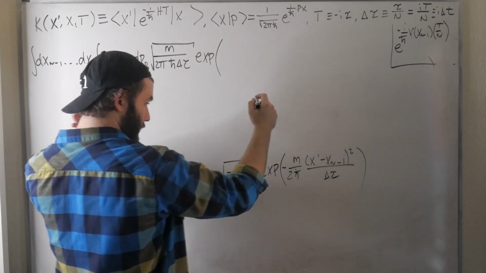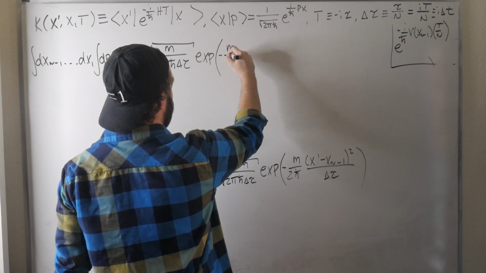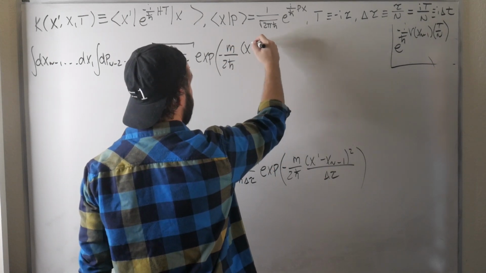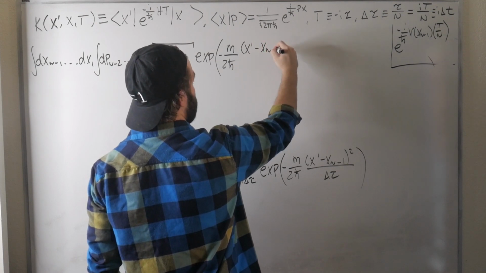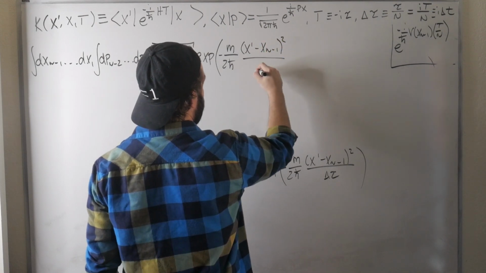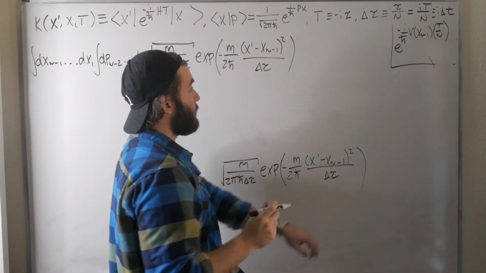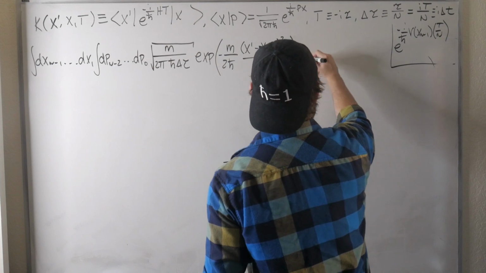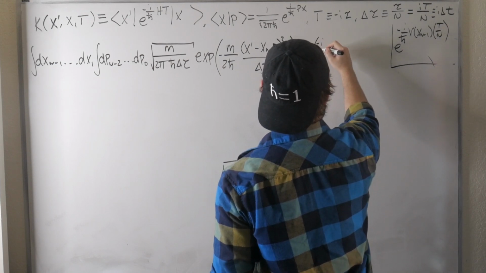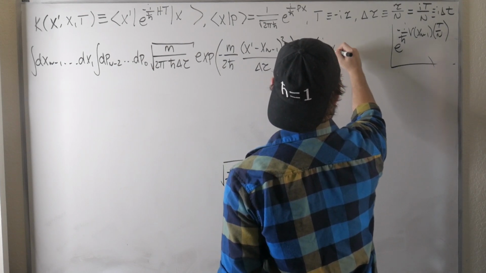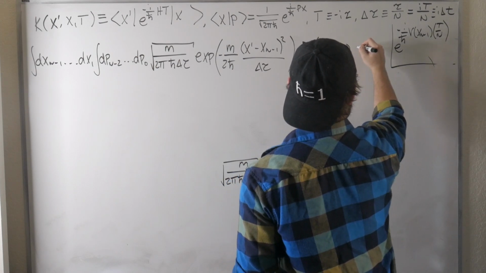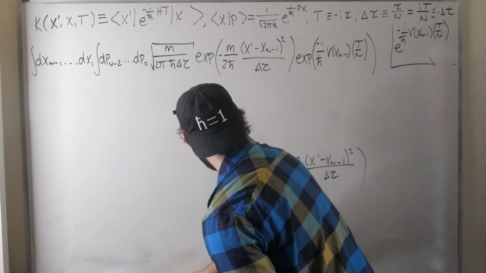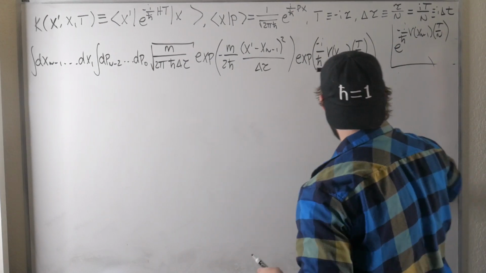So we have a minus m over 2 h bar, x prime minus x sub n minus 1 squared over delta tau. And then now we can bring back our potential term, exponential minus i over h bar, V of x sub n minus 1, t over n. Okay, let's erase this stuff now. And the potential.